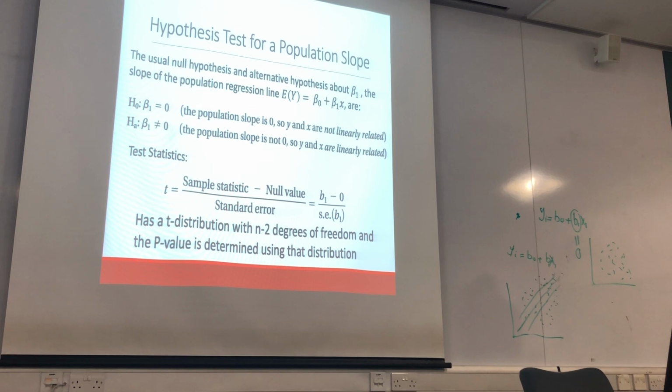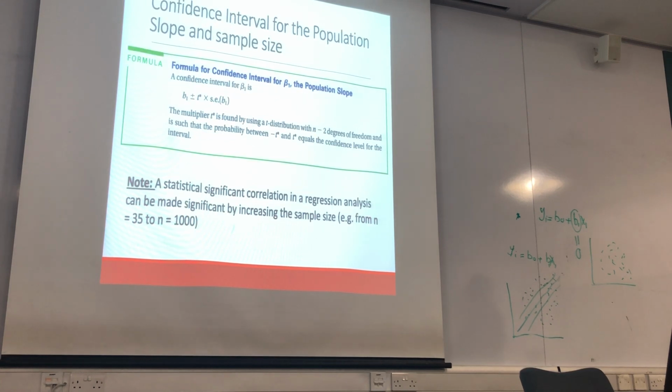You will see in R that it gives you a confidence interval for the beta. If the confidence interval of any beta covers 0, whether it's the constant, sorry, the intercept, or the slope, it means it will cover 0 at some point within this confidence interval.